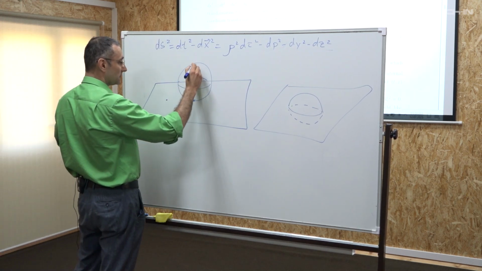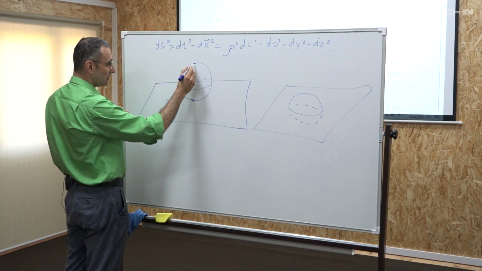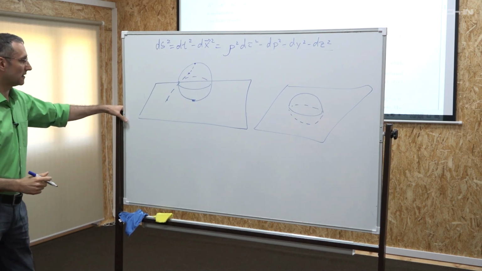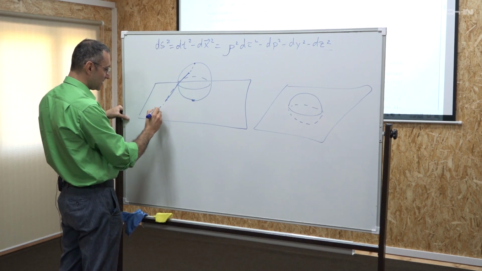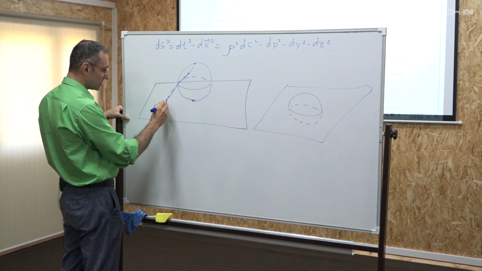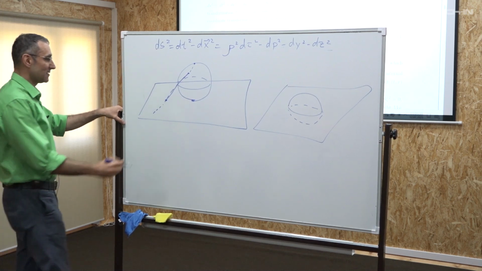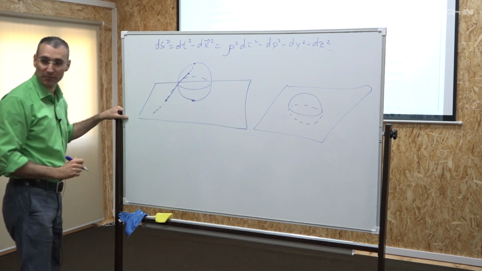Map is as follows. You take the pole of the sphere, you draw a straight line which intersects the sphere. So it intersects the sphere at one point and intersects the plane at one point. And the map is between these 2 points. So every point on the sphere is mapped to a point on the plane.